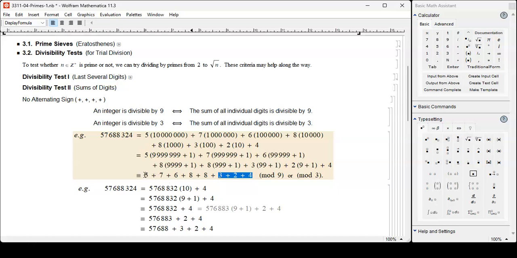And then 5 plus 7 is 12, and then plus 6 is 18. Okay, up to here I get another 9. So I get 8 plus 8, which is 16. That's not divisible by 9 or 3 either. So this number is not going to be divisible by either 3 or 9. This is one way to do it.